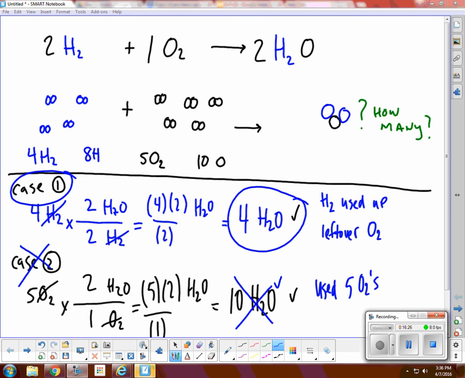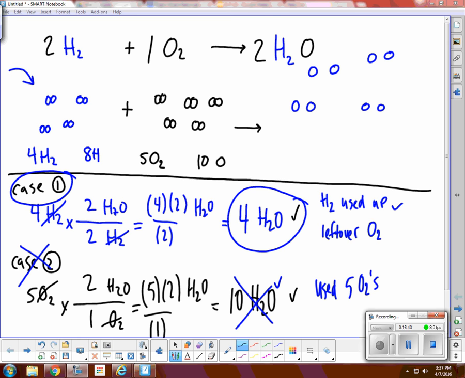Don't believe me? Well, let's draw it up here. All these hydrogens over here are going to be used up according to case 1. So let's draw them all in. Each pair of hydrogens is going to be paired up with 1 oxygen. And there we go. There's our H2O that we were looking for before.